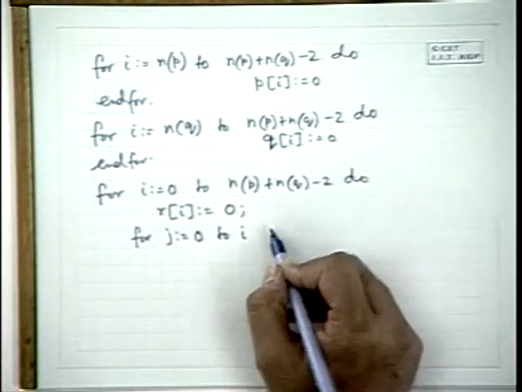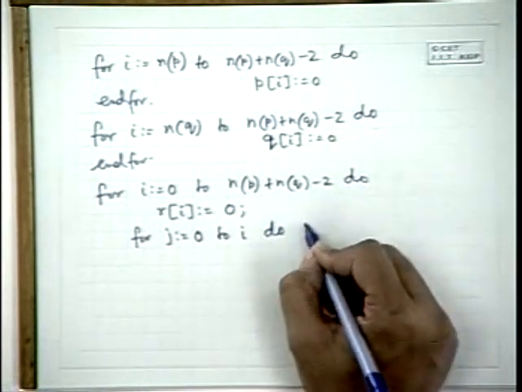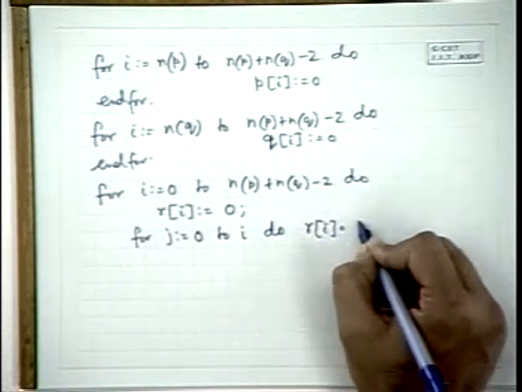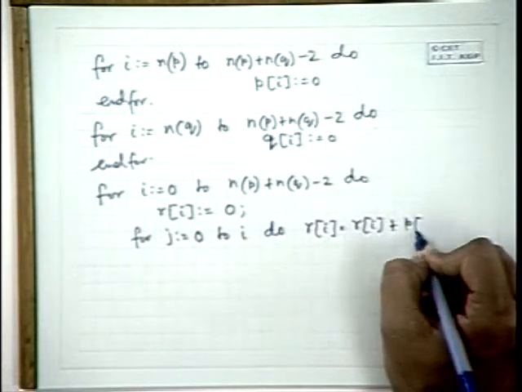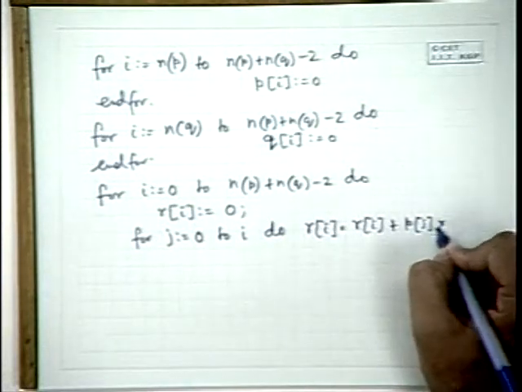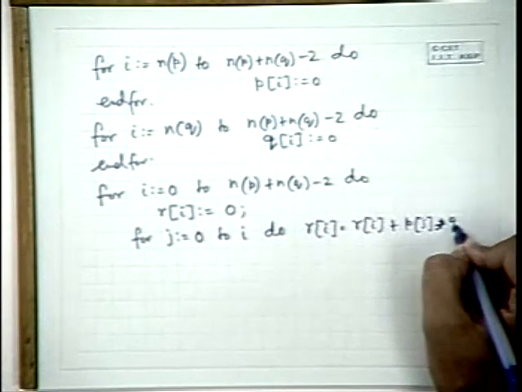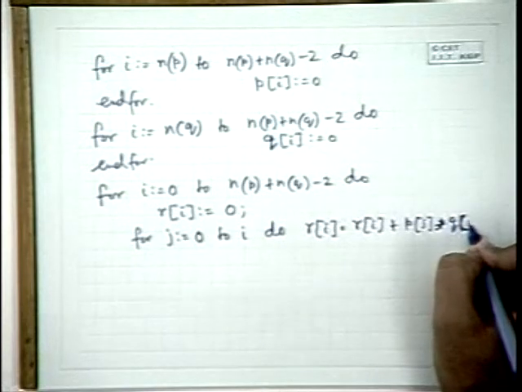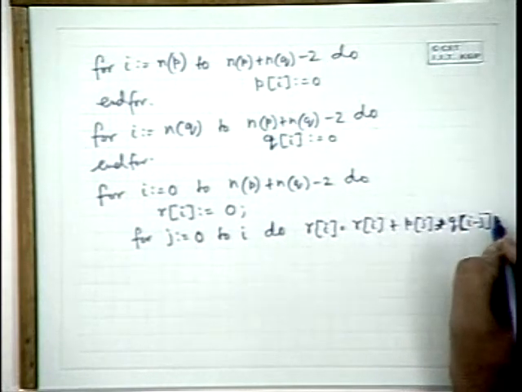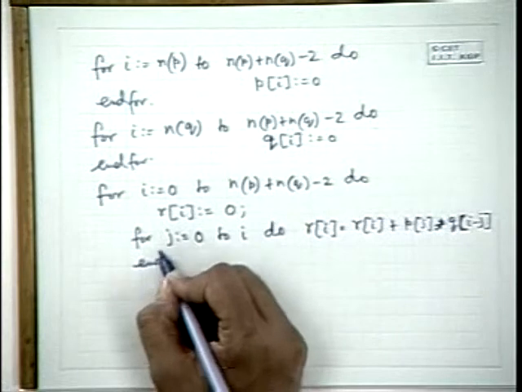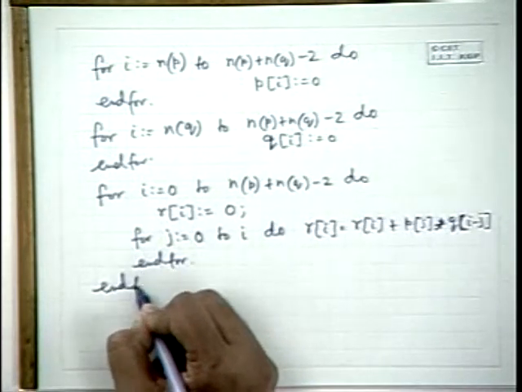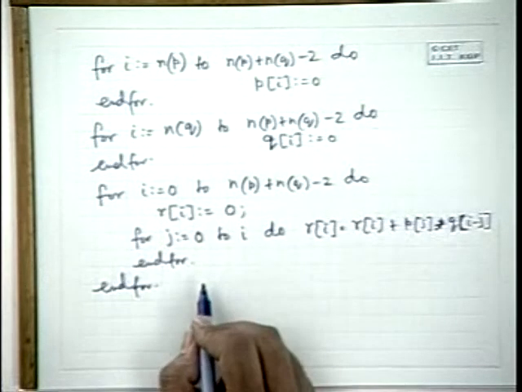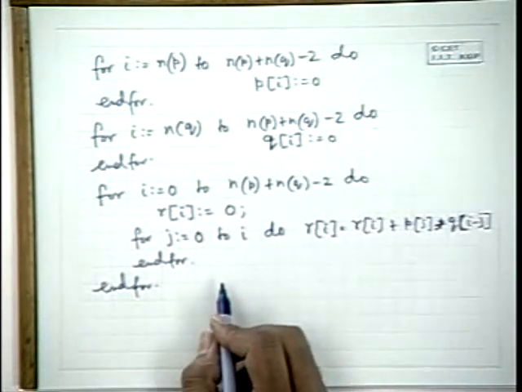That is the second loop: do Ri is equal to Ri plus Pj multiplied with Q(i minus j). And that is it. That is the entire algorithm for multiplication of two polynomials.